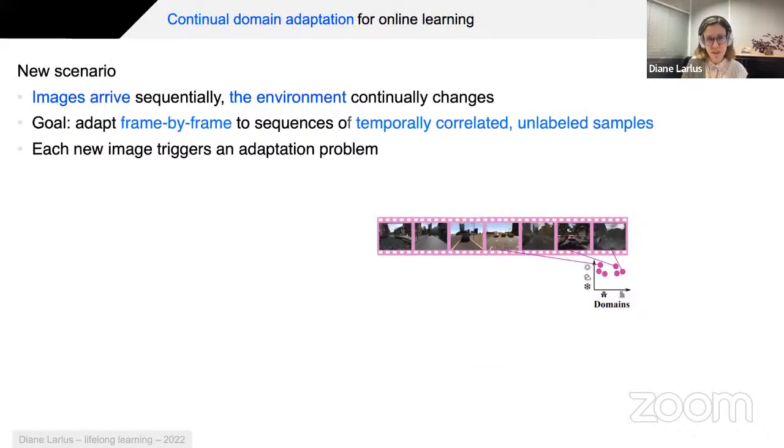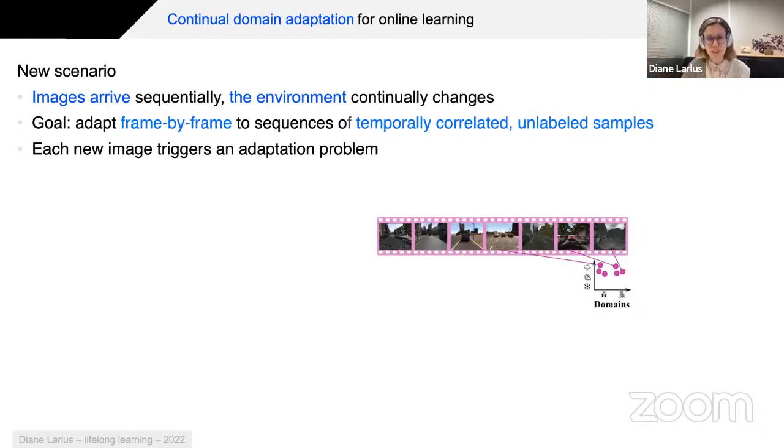In the last piece of work that I want to describe, we're going to go even one step further towards an even more realistic scenario, where samples do not come as batches, but arrive sequentially as the environment continuously changes. So you can imagine you have your car driving and you get sequences of training samples.